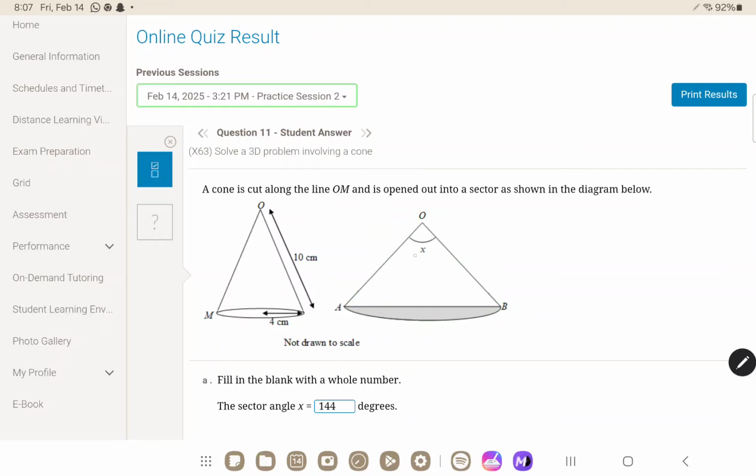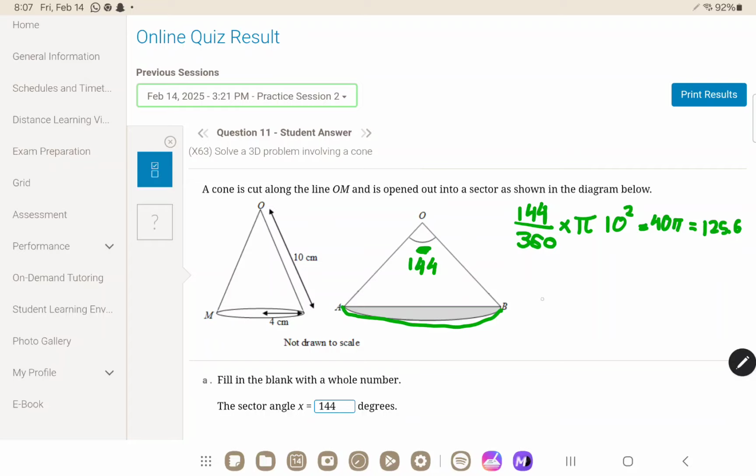To find the area of the sector, we know its sector angle, which we found to be 144, over 360 times the area of the circle, which is pi r squared, which is 10 squared. You're going to get 40 pi, which is also 125.6, around that.